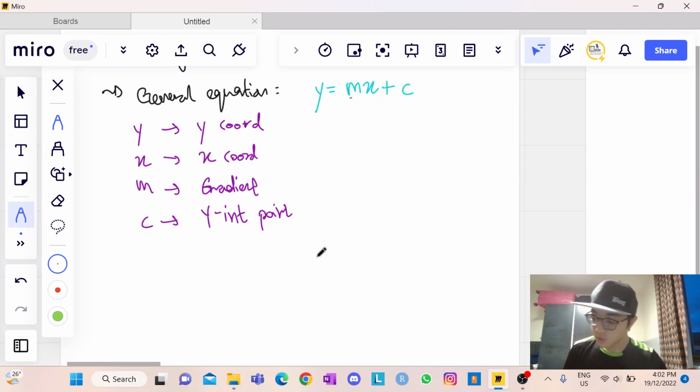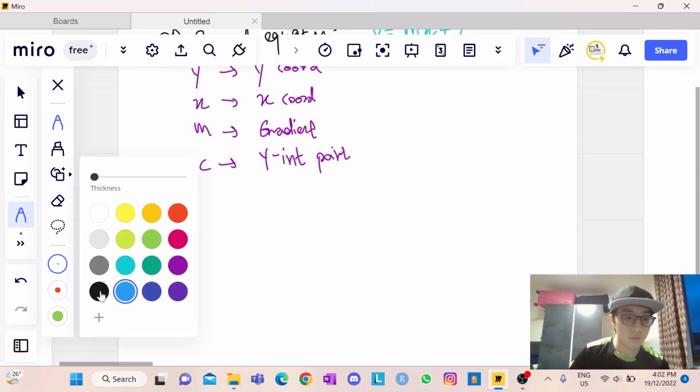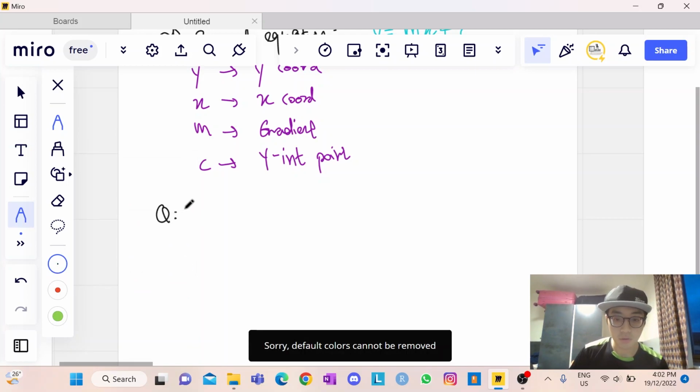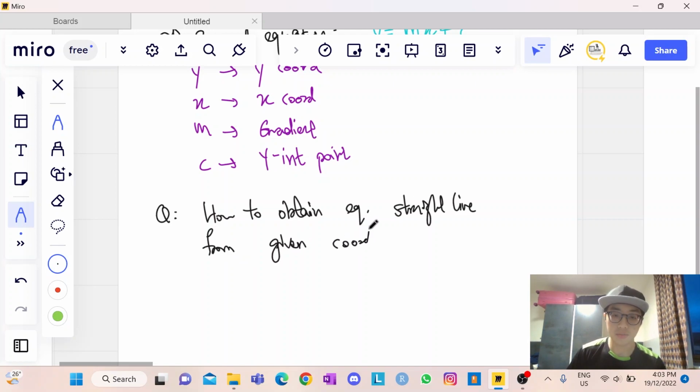The first thing here, I have told you how to interpret an equation of a straight line. And the second thing is, you will need to know how to obtain the equation of a straight line from given coordinates.